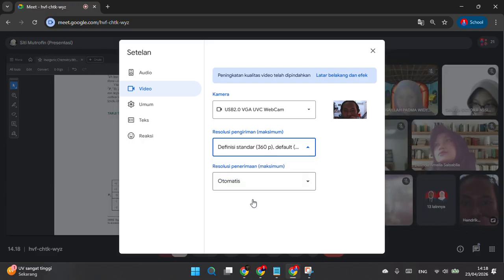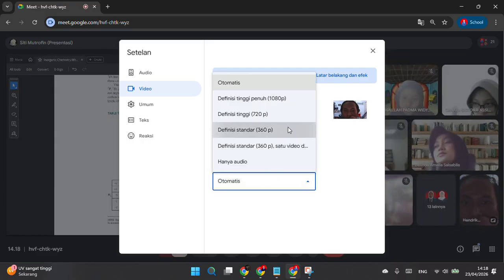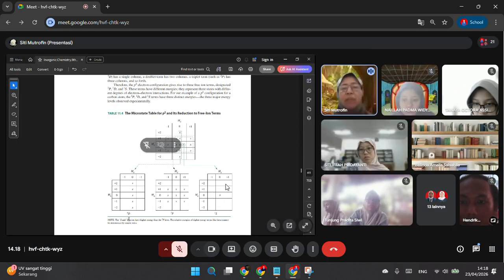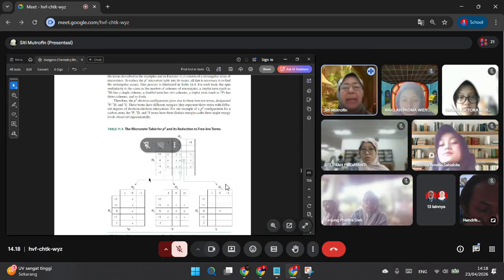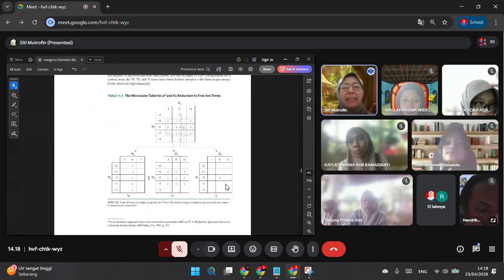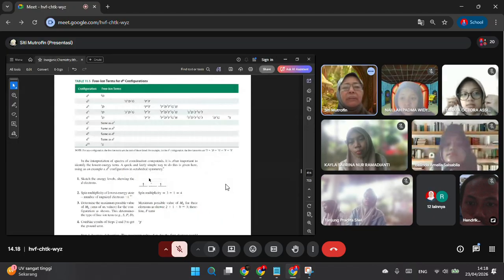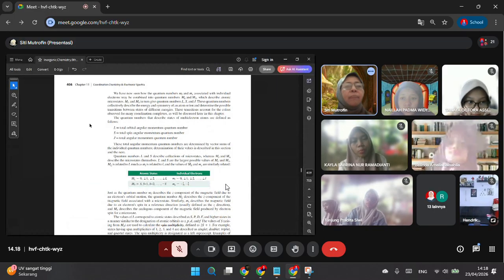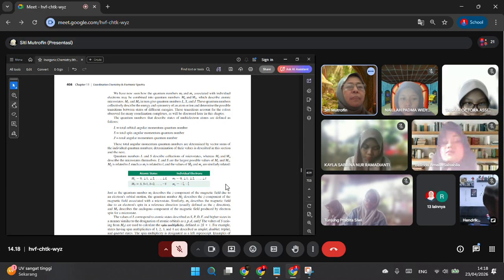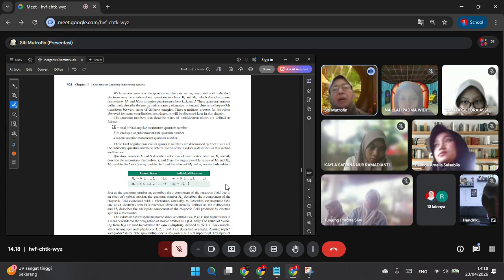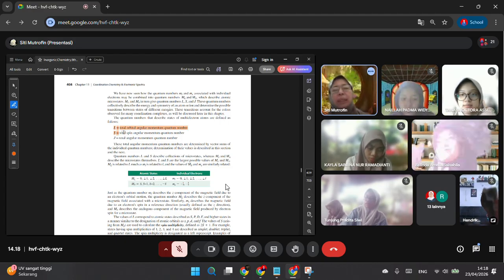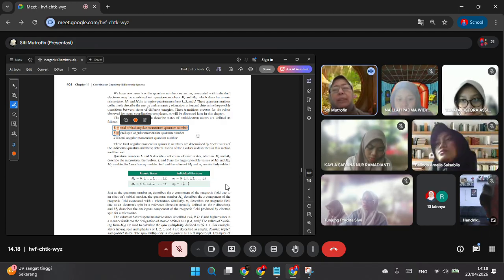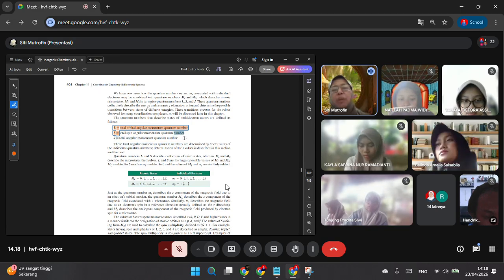So 1D means that 1 is the value of the capital S, and D is the value of L. What do capital S, L, and J mean here? L is the total orbital angular momentum quantum number, S is the total spin angular momentum quantum number, and J is the total angular momentum quantum number.